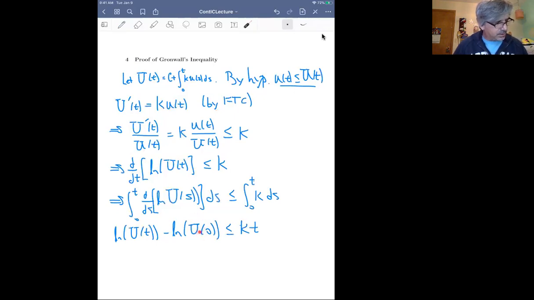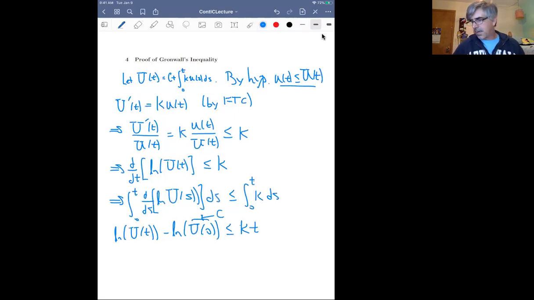Well, capital U of 0 is what I get up in the top here. Remember, capital U is defined here. When t becomes 0, that integral goes away, and I'm just left with a constant. So capital U of 0 is just equal to c. So that's the natural log of c.